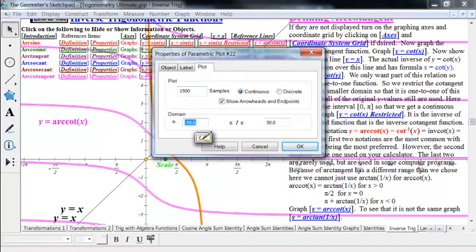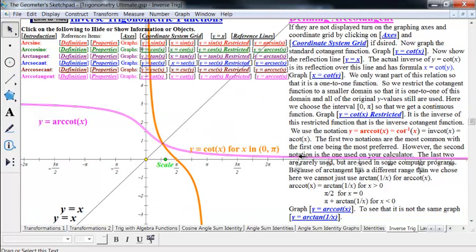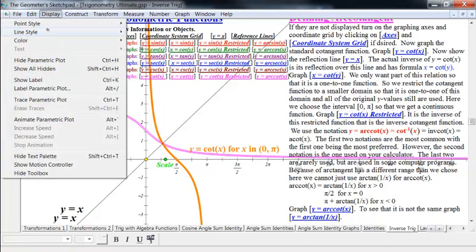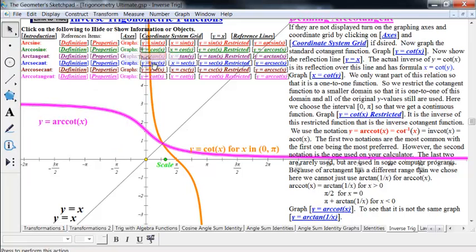We're actually only supposed to keep the part going from 0 to pi. And there is our function that we're after. And that's the arccotangent. Notice it was part of that relation x equals cotangent of y, but is just this part here.